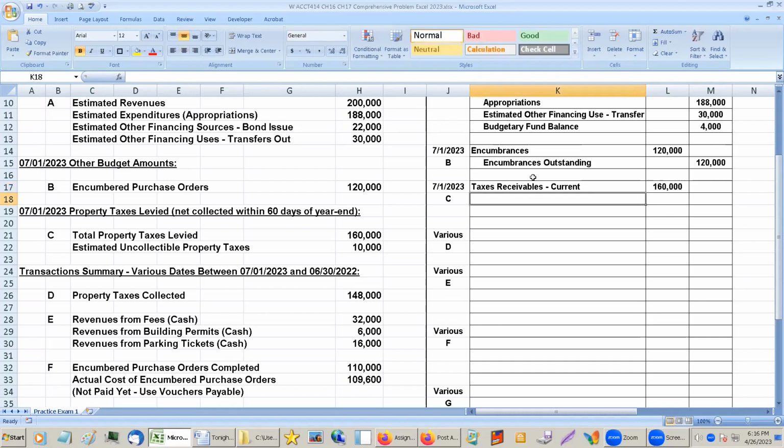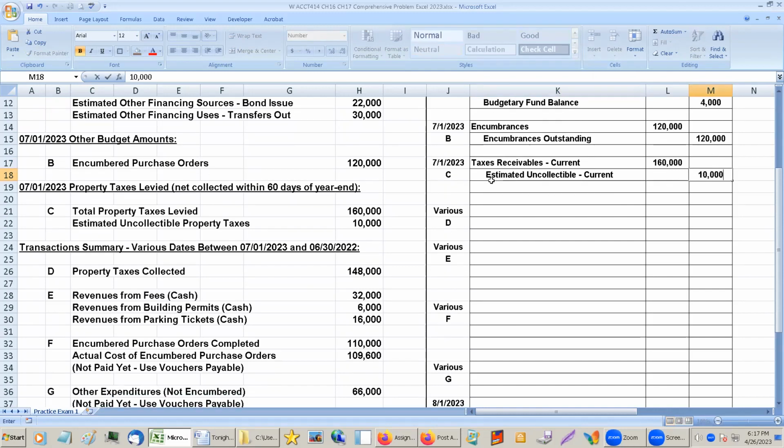Okay, and then estimated collectible, and these are current year. Sometimes I put the year right in, so it'd be 2023 or something like that. 1,000.